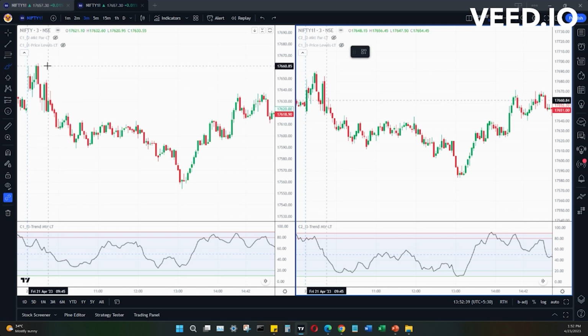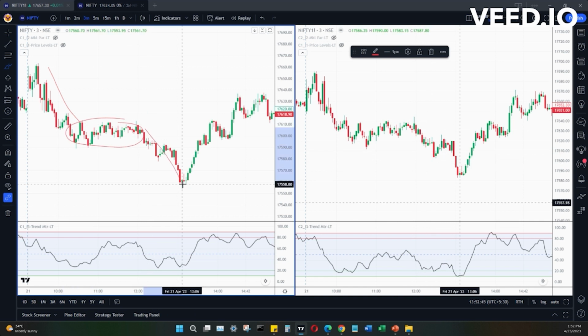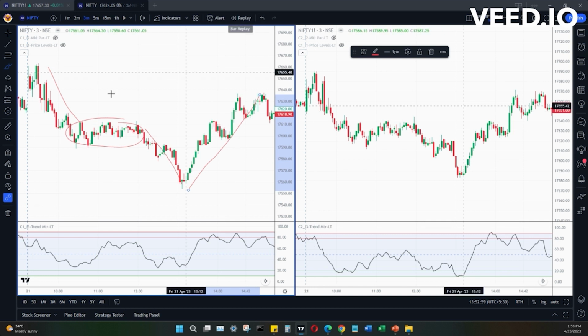After the steep fall, it consolidated right off the bottom, then continued to fall again, and then there was a major reversal at the end of the day. This is what happened during the course of the day.